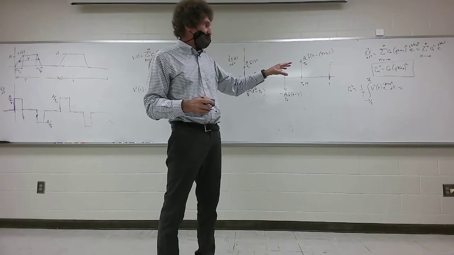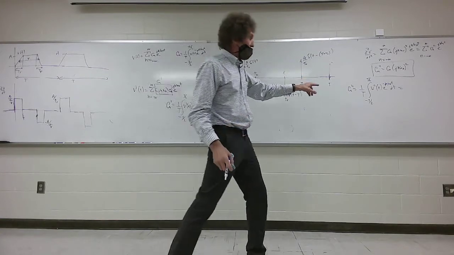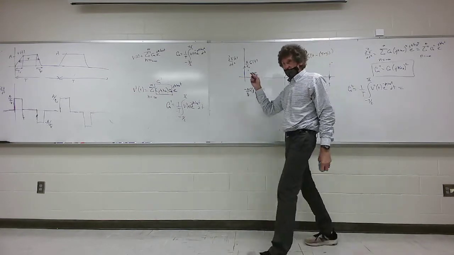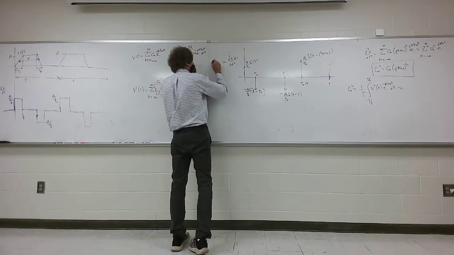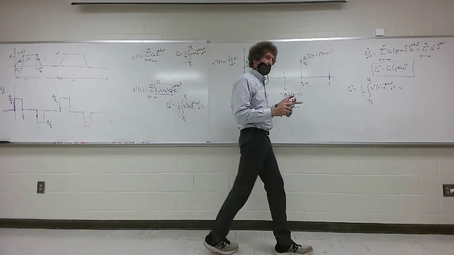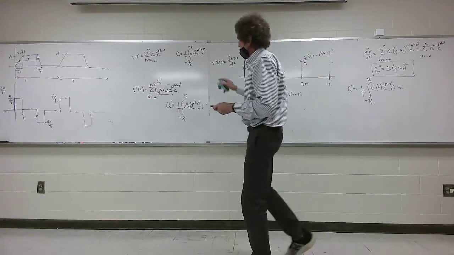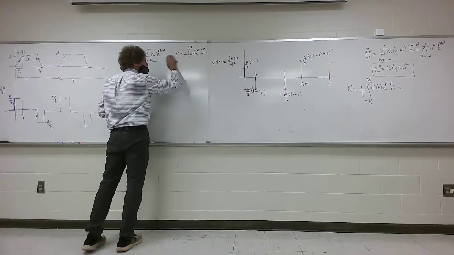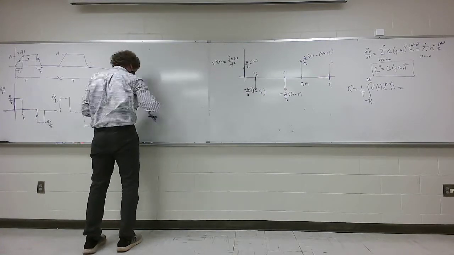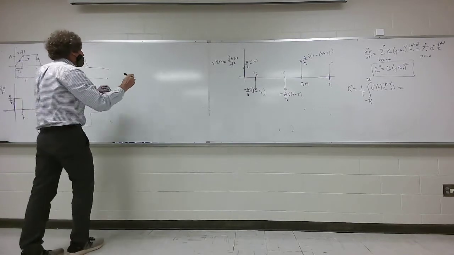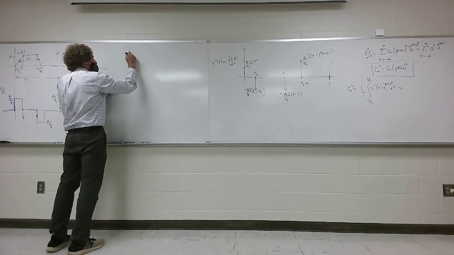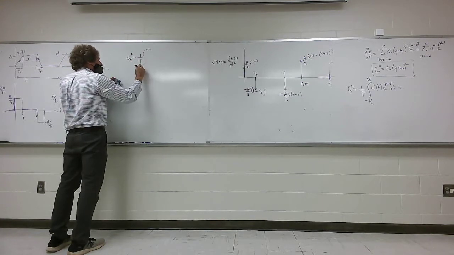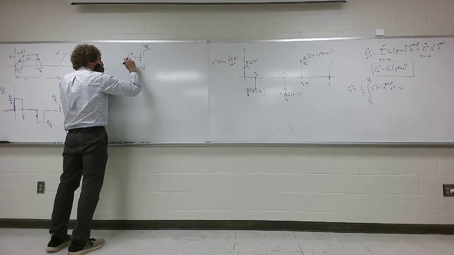I'm going to expand that, but just catch up. Now, this double prime is this, right? This is V double prime. My C of n double prime right here is 1 over the period integral from minus T over 2 to T over 2 of that double prime.